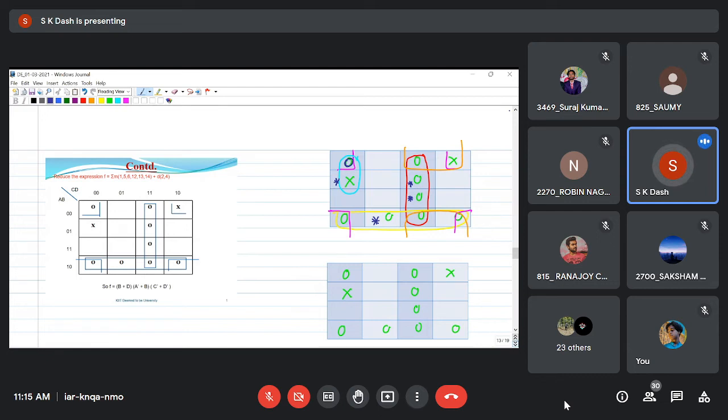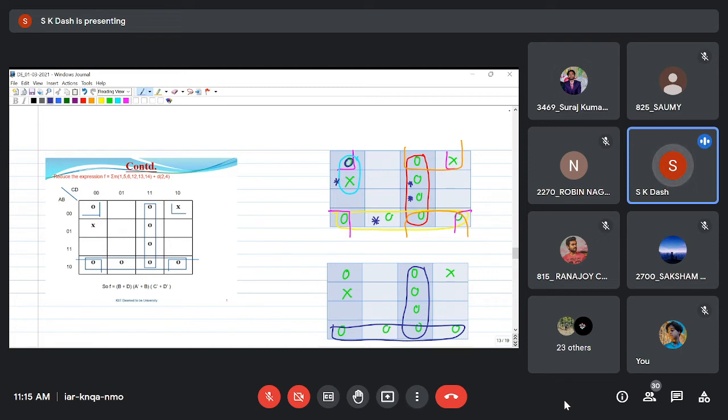So how many essential combinations did we get? Two. What are they? This one, and this one is the second. So how many zeros are already covered? Seven zeros are covered. How many zeros are remaining?